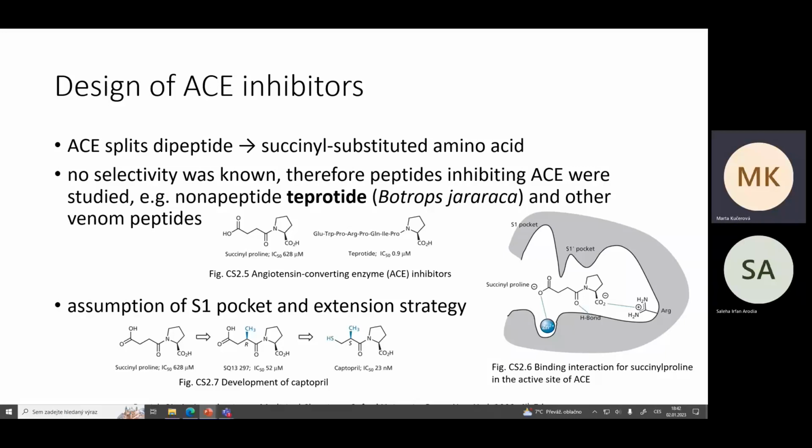So the benzyl succinic acid was the first point, and there was another point, the peptide teprotide, that was known to be an angiotensin converting enzyme inhibitor. It was found in snake poison. It was isolated from Bothrops jararaca, and the peptide compound is a nonapeptide called teprotide.